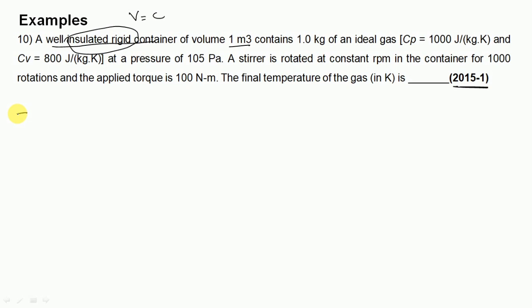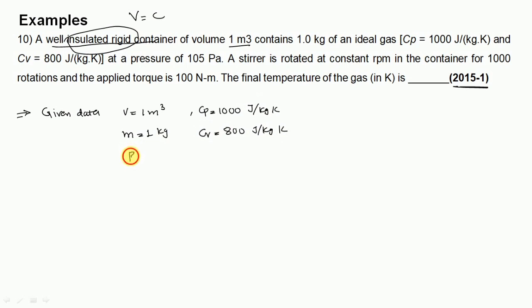So write the given data over here. I simply write that the volume is 1 meter cube. Mass is given, and mass is 1 kg. It is an ideal gas, and Cp is given as 1000 joule per kg Kelvin, and Cv is given as 800 joule per kg Kelvin.